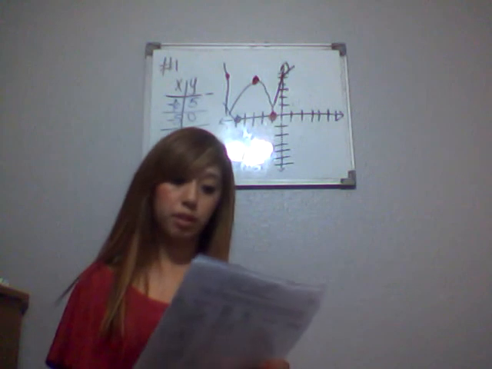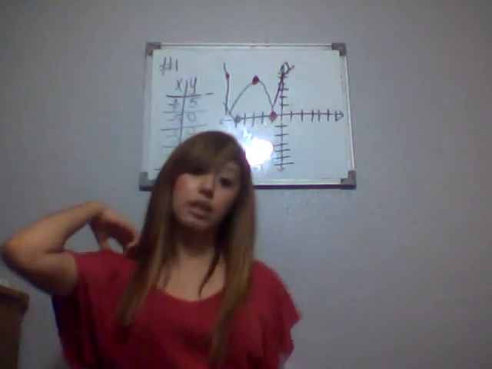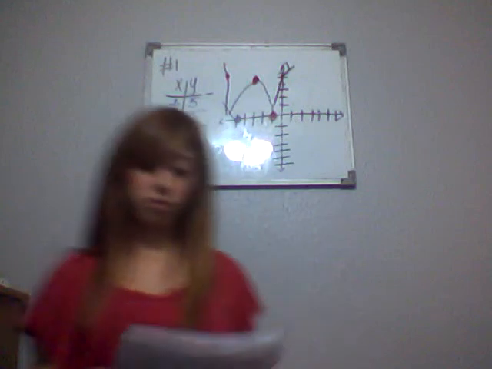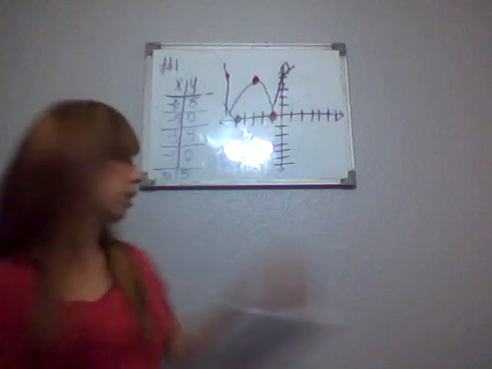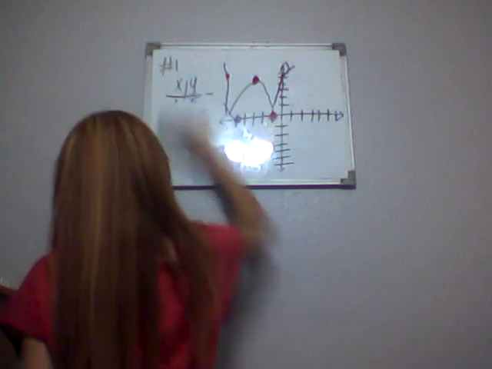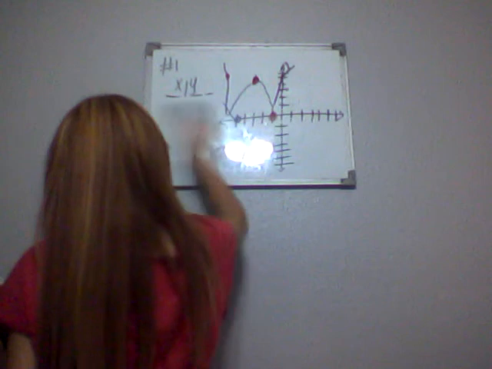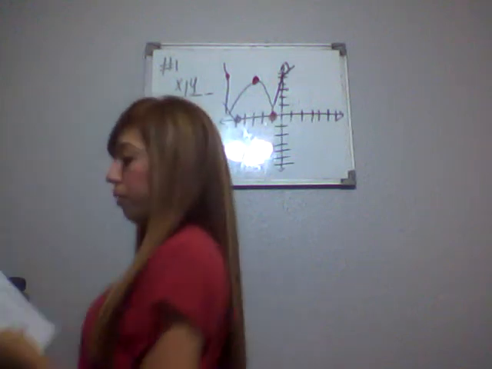Now, number 2 tells you to use these points to name 5 ordered pairs that would be on the function's inverse. Okay, can anyone tell me how you could find the inverse table? Yes, that's correct. You just flip the x and y values to get the inverse. For the first ordered pair, what would it be?